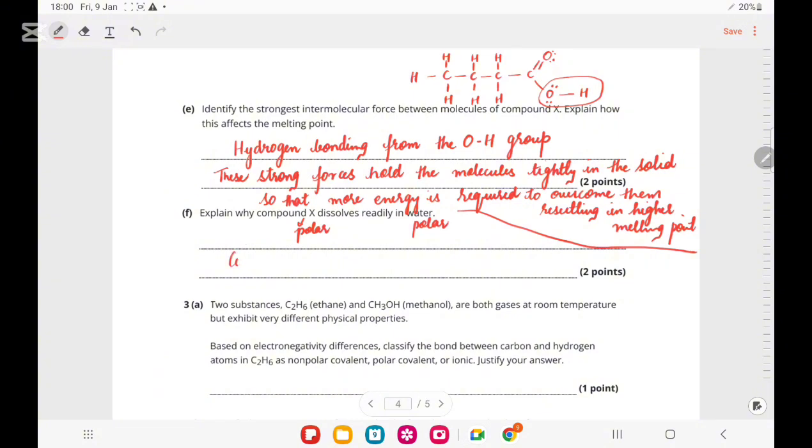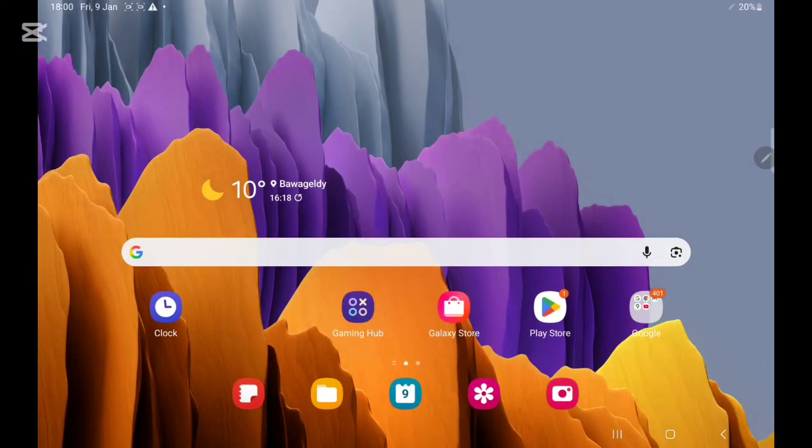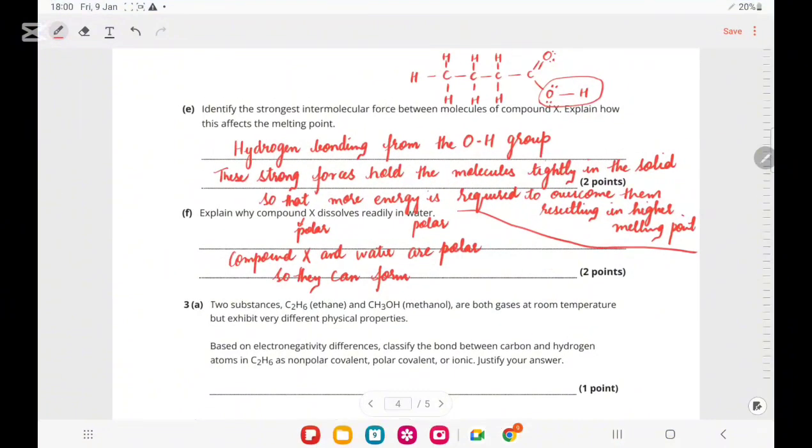As compound X and water are both polar, they can form hydrogen bonds with water.